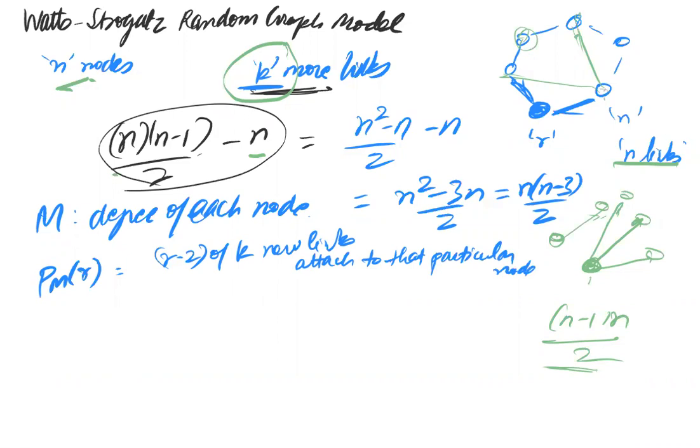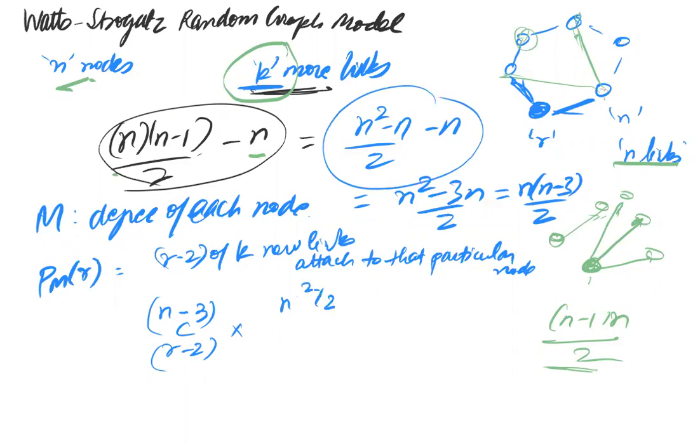So that would just be the case that r minus 2 are selected, so from n minus 3, I choose r minus 2 values, times the remaining ones, that is n squared by 2 minus 3n by 2 minus (n minus 3) that have been chosen already, with k minus (r minus 2) chosen out of that.